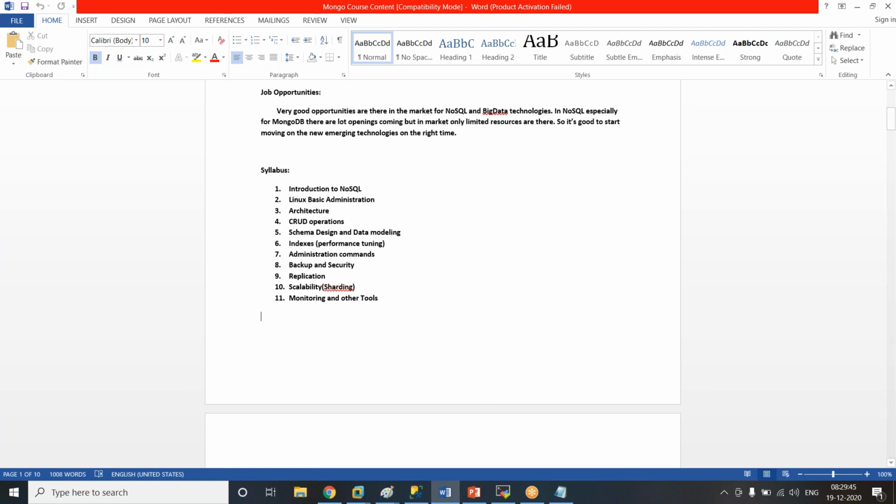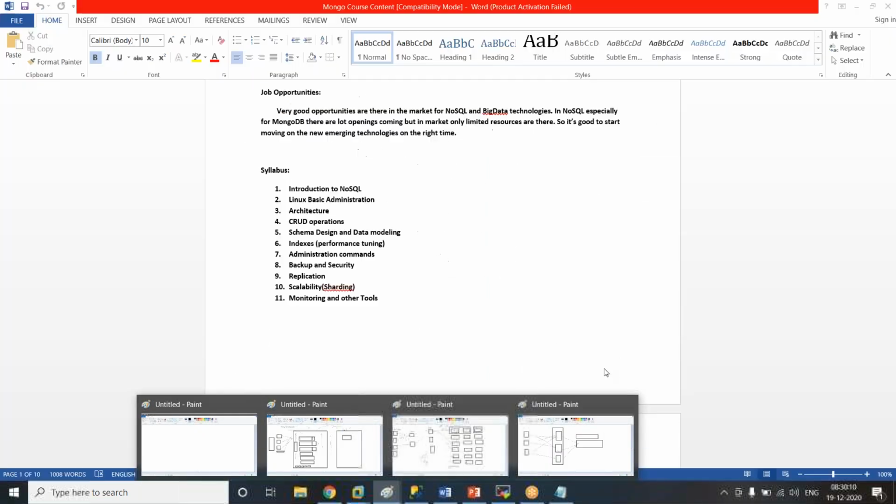For NoSQL and big data technology, the job opportunities in the market? Since the beginning, I'm talking about how it will handle big data, meaning huge data. It will handle huge data because it follows the horizontal or distributed computing model.